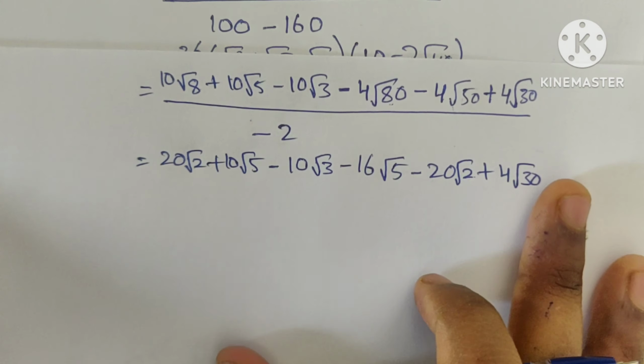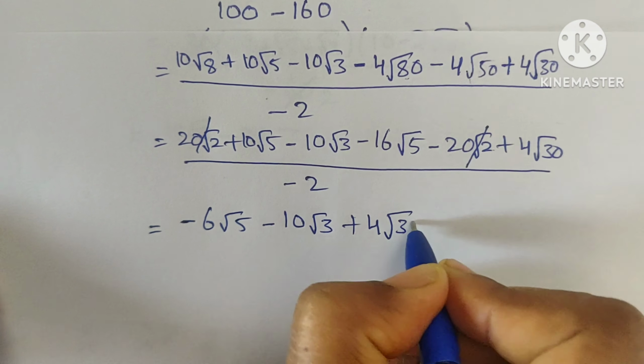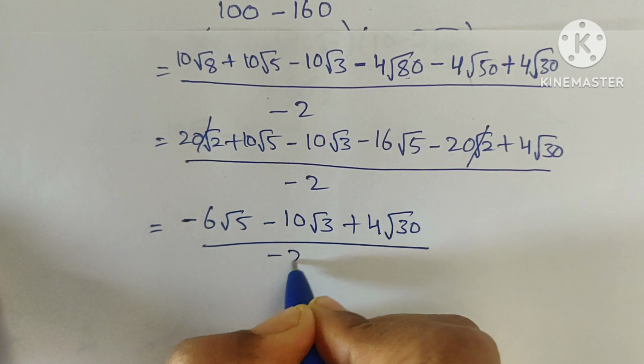So now, here 20 square root of 2 minus 20 square root of 2 gets cancelled, and here 10 square root of 5 minus 16 square root of 5 which is equal to minus 6 square root of 5, minus 10 square root of 3 plus 4 square root of 30 divided by minus 2.